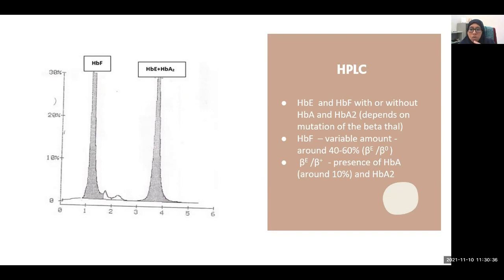So if there is a higher HbA2 level in HPLC, there must be something else. In HbE beta, HbF will be around 40 to 60%, depending on their allele, either beta naught or beta plus. If it is beta plus, they will have around 10% HbA being produced, and a small amount of HbA2.